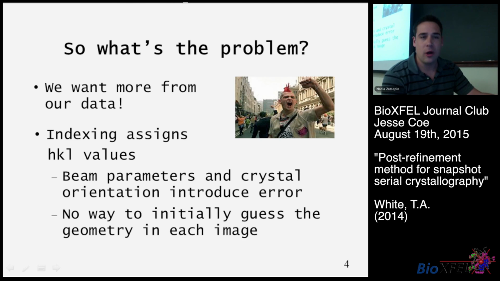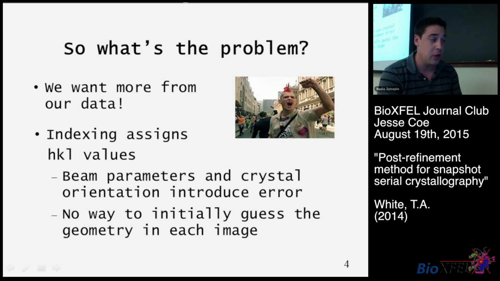But after we do our kind of normal processing where we take our hits and then we index them, we assign HKL values. So we have a rough idea of our geometry as far as the beam and the crystal. But as I said, the beam parameters are going to vary. It's not quite as stable as synchrotron. And the crystal orientation, we may know somewhat which angle we're looking at, but it doesn't mean that we know it precisely.